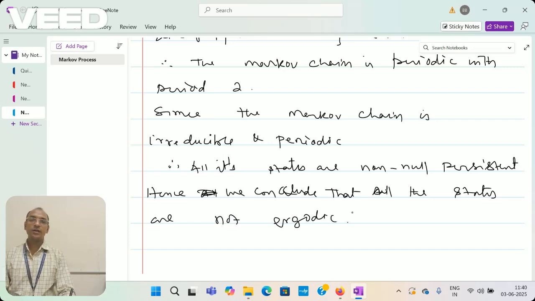Okay, so it is finite and irreducible, so it is non-null persistent, and we can conclude that all the states are not ergodic.